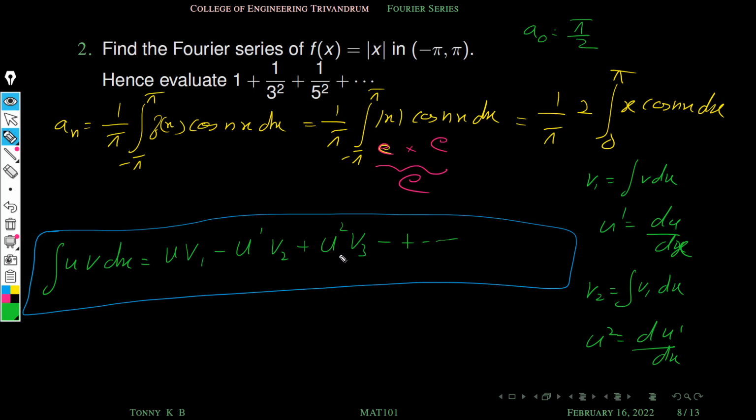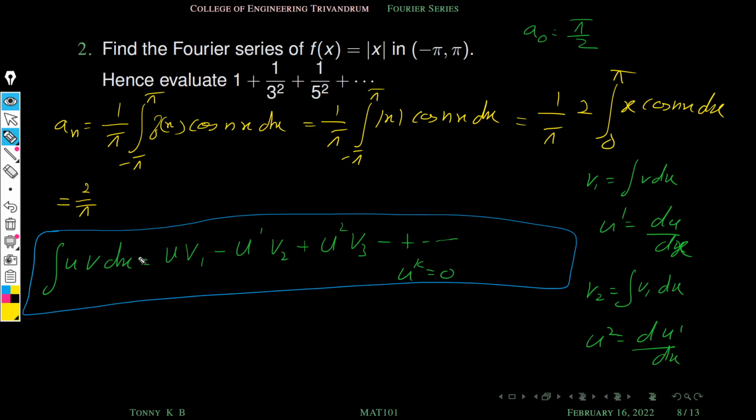So this is the general rule of integration by parts, but this rule is applicable only when u raised to k equal to 0 for some k. That means after some finite number of derivatives u should be 0. Okay, or some kth derivative of u should be 0, then only you can apply this rule. Okay, so anyway we always choose first function has this property.